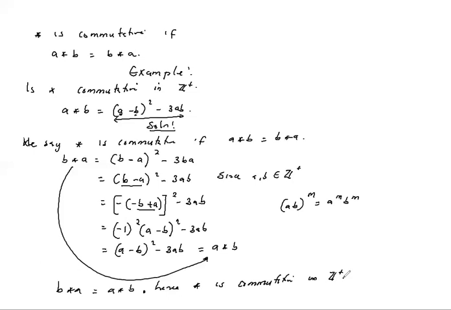So let's see an example where it fails to be commutative. So we have A star B is equal to B minus A, can I say plus 3? Okay. Now, is this commutative on R? Let's see.